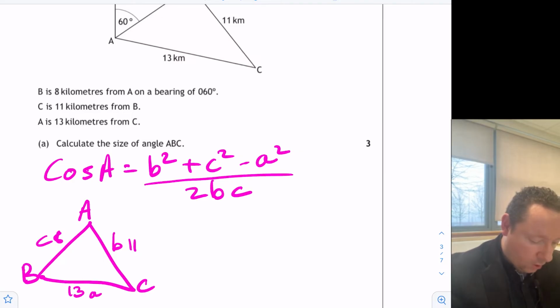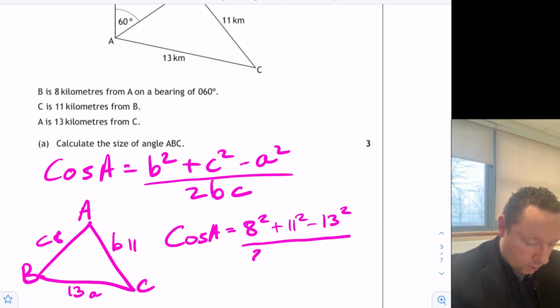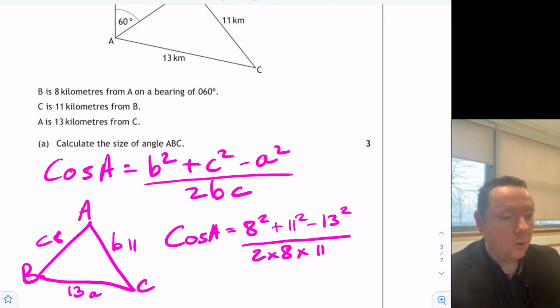So we can say that the cos of our angle equals 8 squared plus 11 squared minus 13 squared over 2 times 8 times 11. And you would get a mark at that point for substituting in. And then we need to work this out.